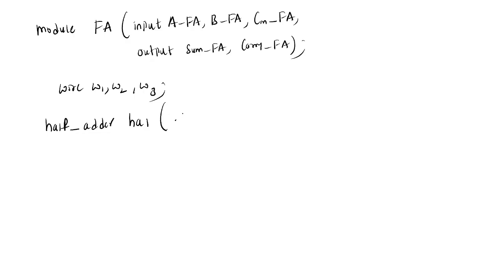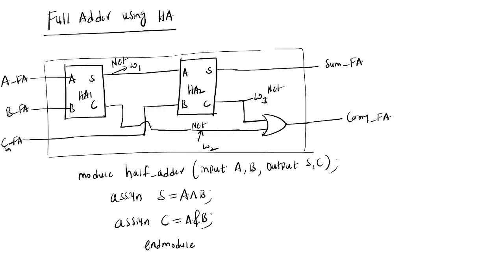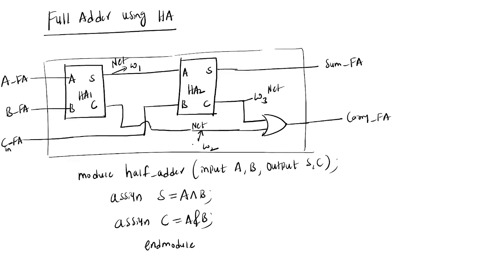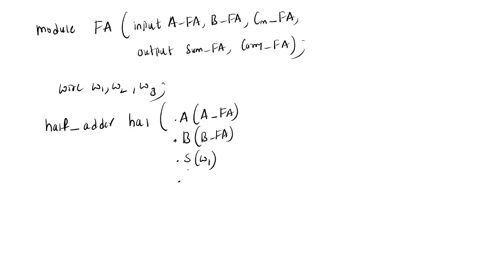Connection by name: dot A of A_FA, dot B of B_FA, dot S of W1, dot C of W2. This is nothing but connection by name.